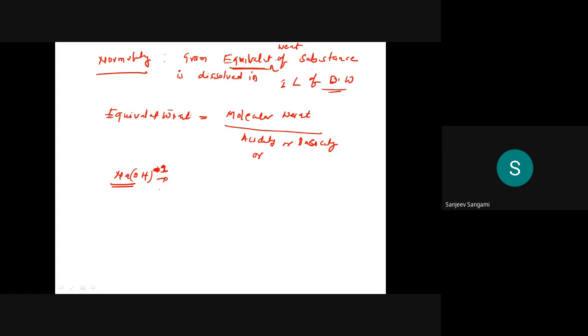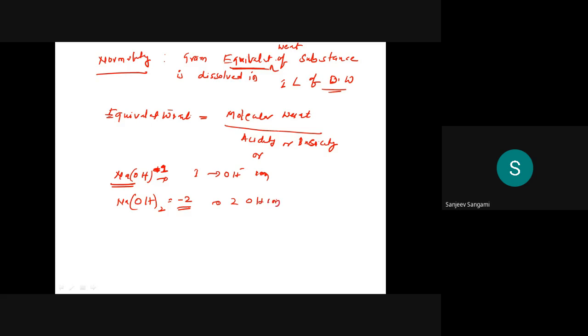For example, if I consider the formula Na(OH) twice, dihydroxide, here the ions will be -2, means 2 OH ions are there, 1 OH minus ion here and 1 OH minus ion here, 2 OH ions.